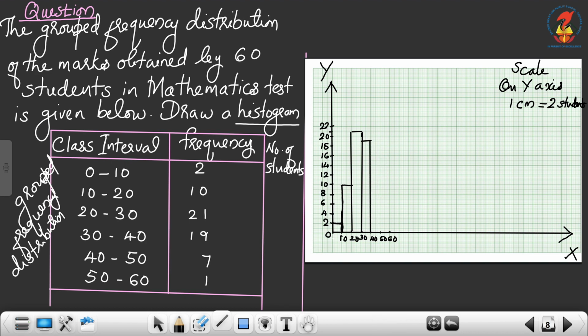Then 40 to 50, 7. Here it is 6, next is 8, so the middle line denotes 7.